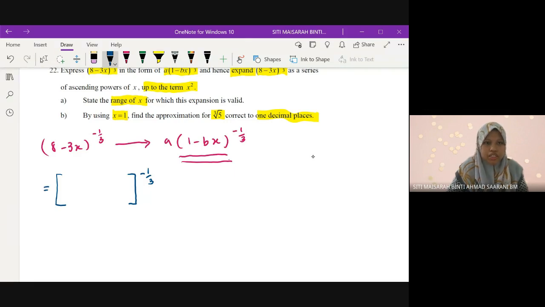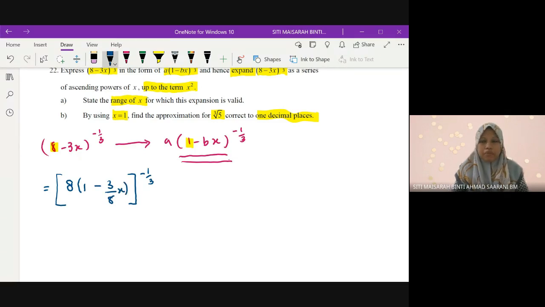So that means you want to factor so that you create 1. You want to factor so that here becomes 1. So the original 8 here, now you want to get 1 here. Here you factor how much? Factor 8. So then this one becomes minus 3 over 8x.